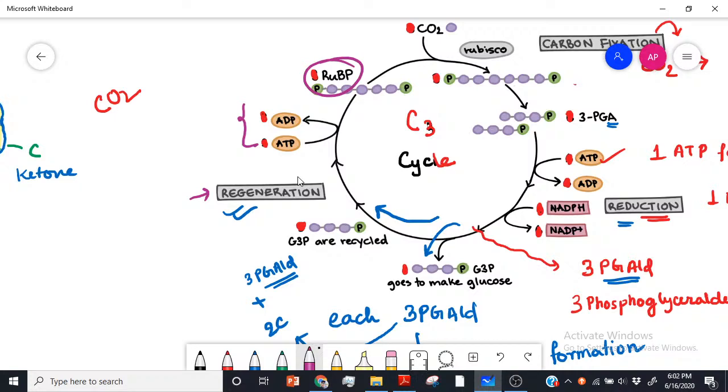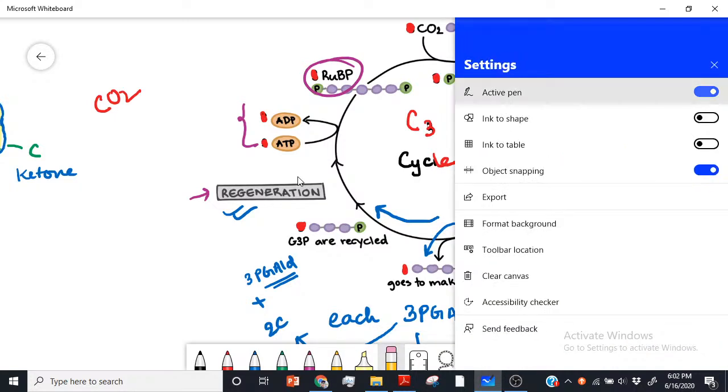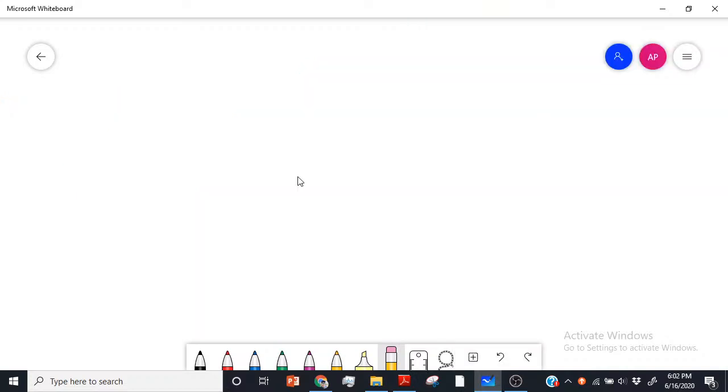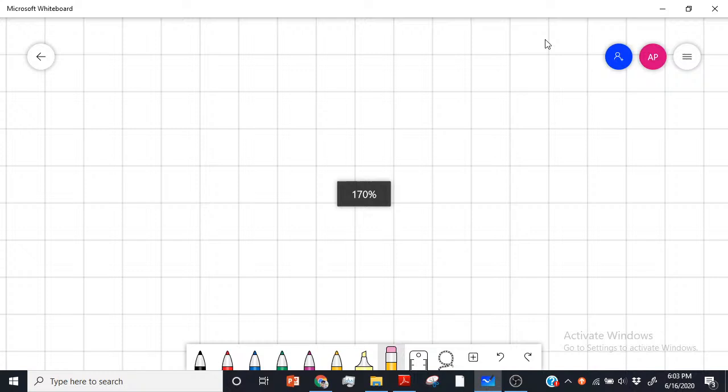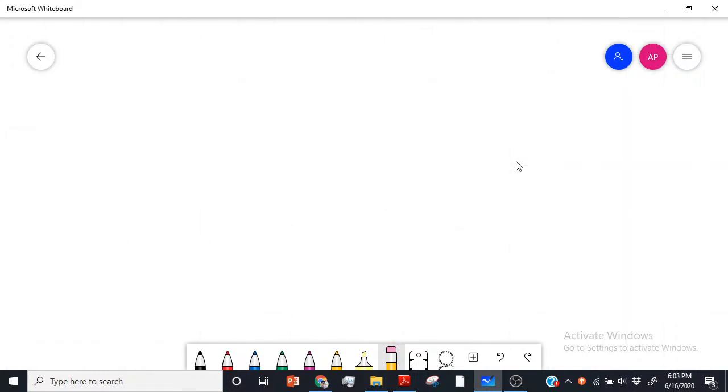Now over here, what are the things that you are supposed to know? You are supposed to know the full form of RuBP. Okay, so let me clear up everything over here on the screen. Okay, so I cleared up everything from the screen.